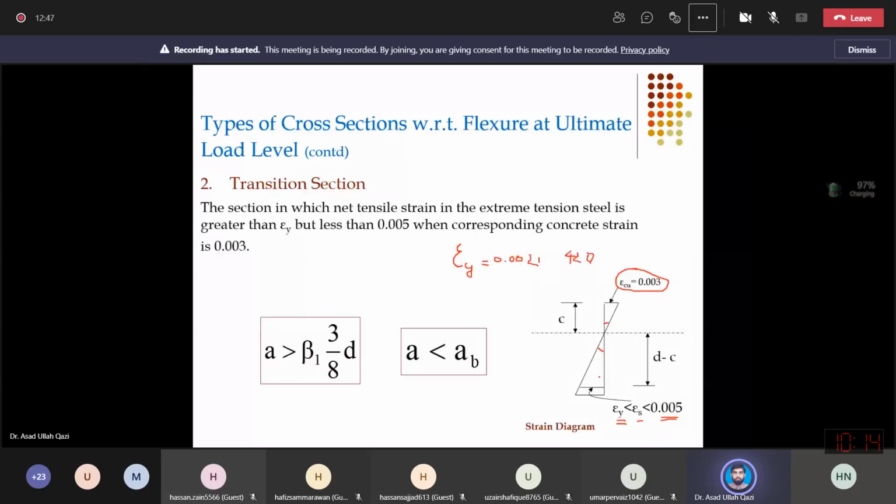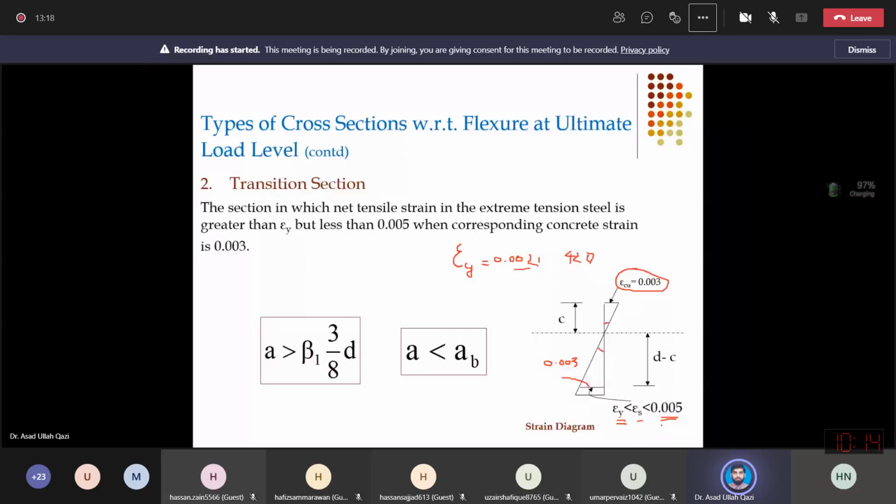So if I have a cross section which is reinforced with grade 420 steel, but the steel at the crushing of concrete, suppose it is at 0.003. So concrete is also at 0.003, which is the failure limit, and steel at that instant was also at 0.003. So it means epsilon s is greater than epsilon y, which is 0.0021, but it is less than 0.005.